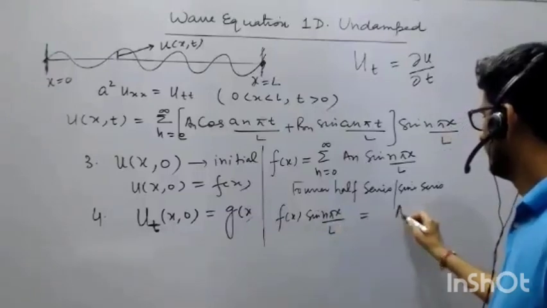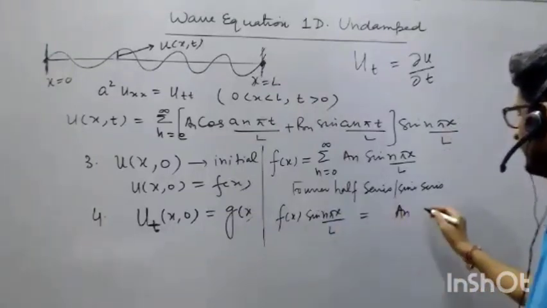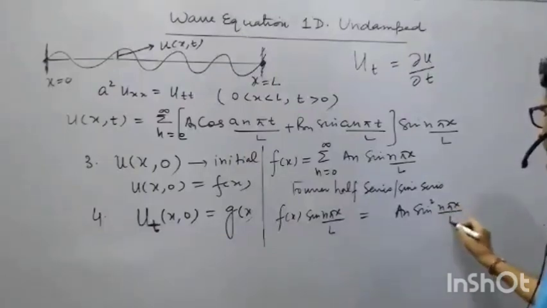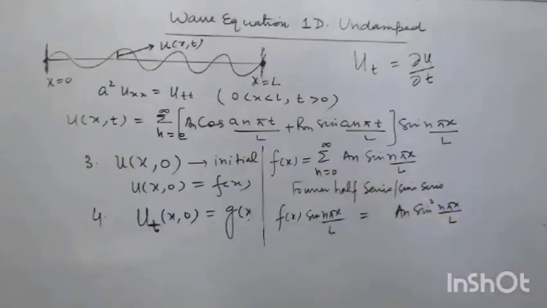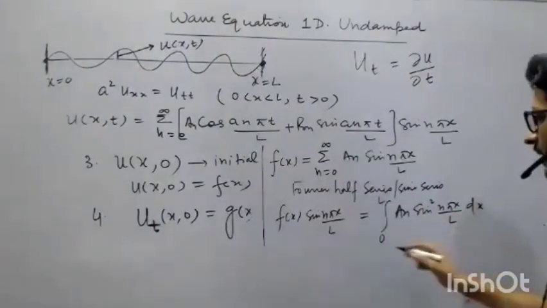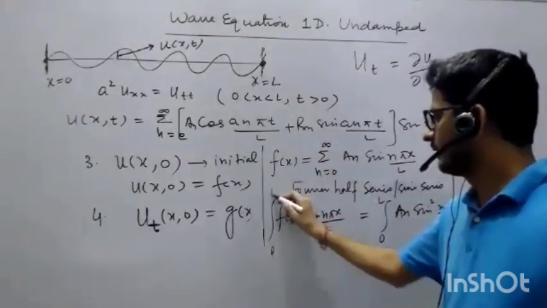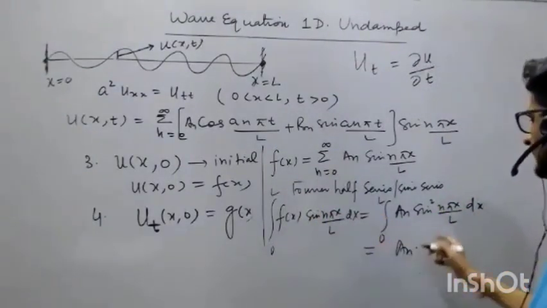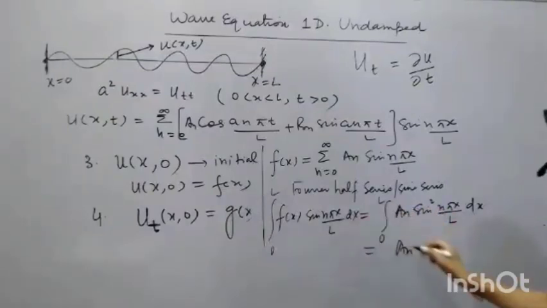So the method is to multiply both sides by sin n pi x by l. On both sides it will become an sin square n pi x by l. All other terms will become 0 if I integrate from 0 to l dx on both sides. So this will become an times the integral of sin square, which is just the upper limit by 2.